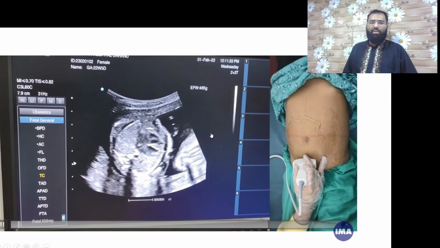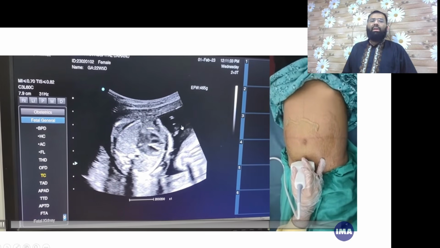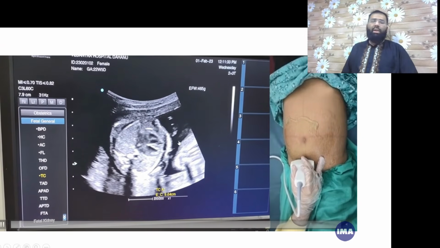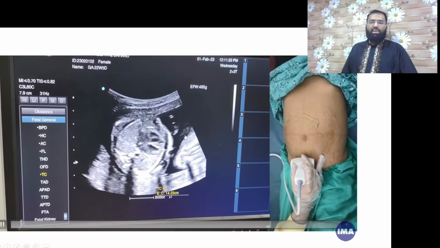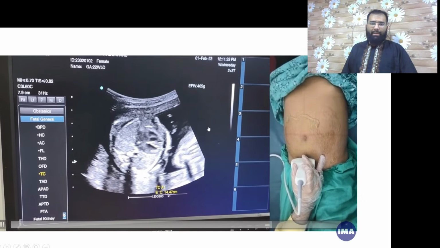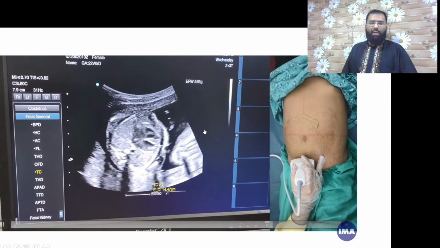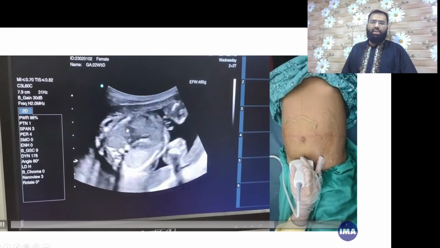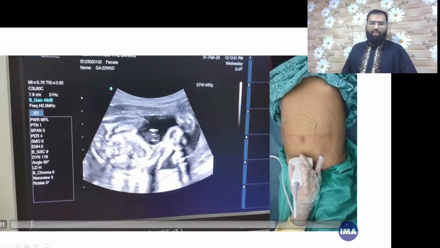So that is the difference between taking the thoracic diameter and the abdominal diameter. We shall discuss this in detail when I talk about the various measurements in case of the fetus. So this is how we take the thoracic diameter. It is inner to inner, so we just include the bony thoracic wall.